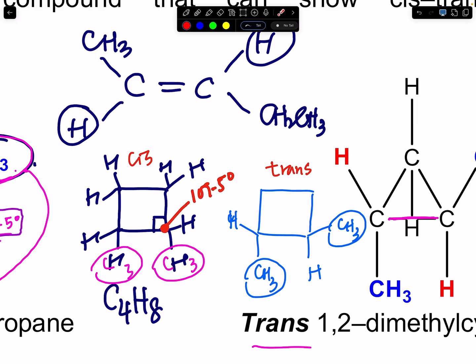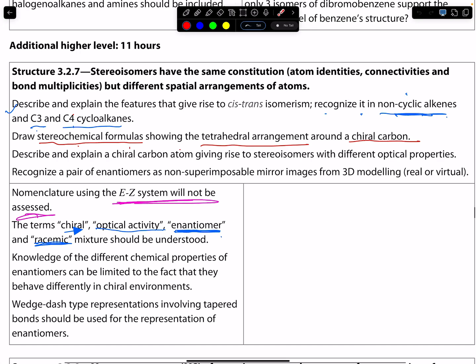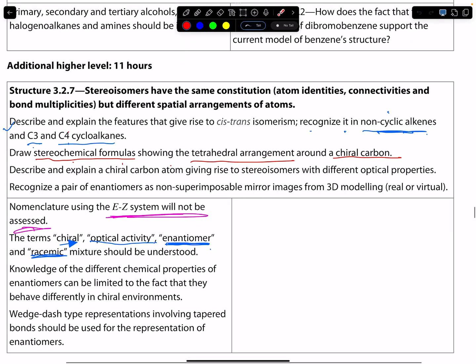So any rotation will result in the breakage of it. Are you guys crystal clear on the first learning objective for today, which is to describe and explain the features that give rise to cis-trans isomerism, recognizing it in non-cyclic alkenes and carbon 3, carbon 4 cycloalkanes?